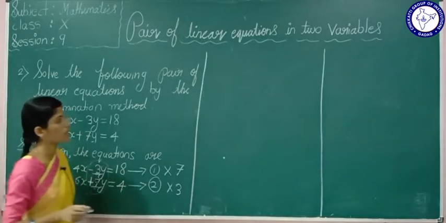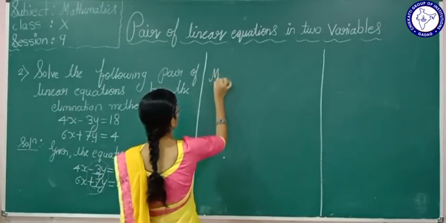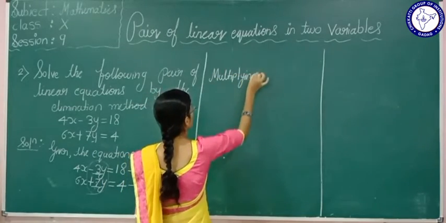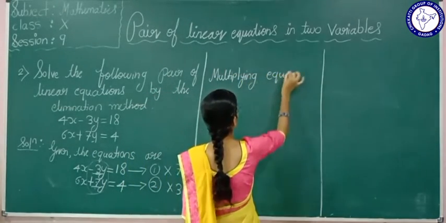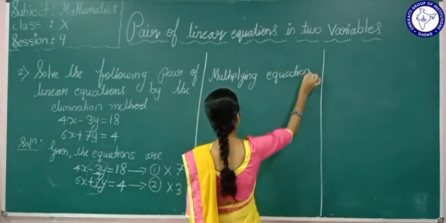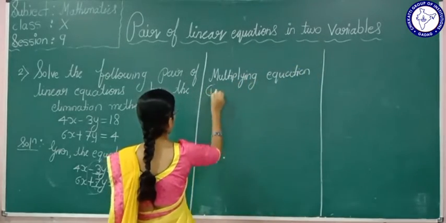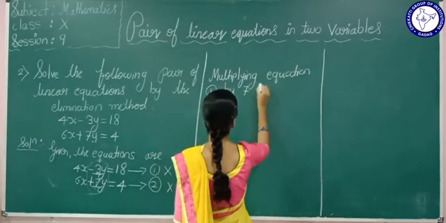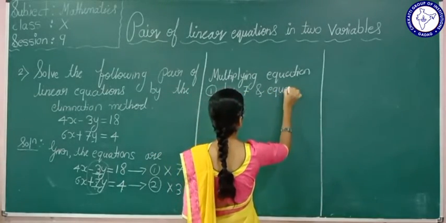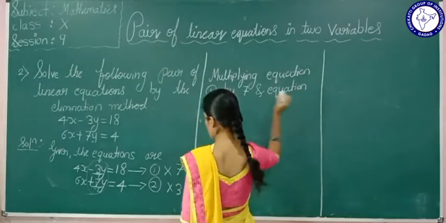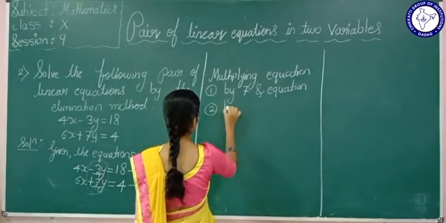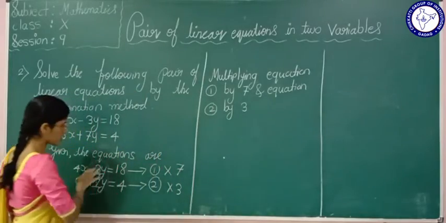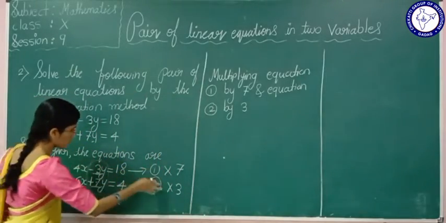This is right. Now we write: multiplying equation 1 by 7, equation 2 by 3.